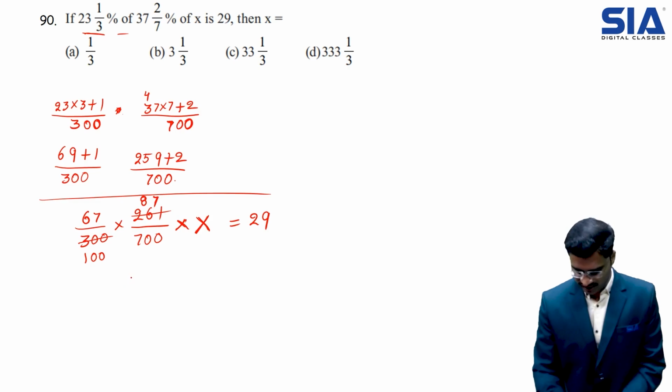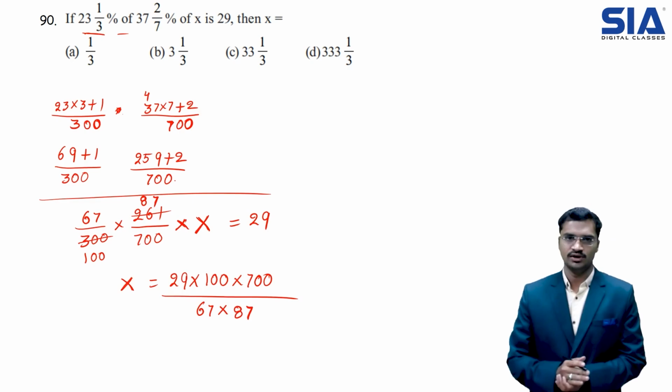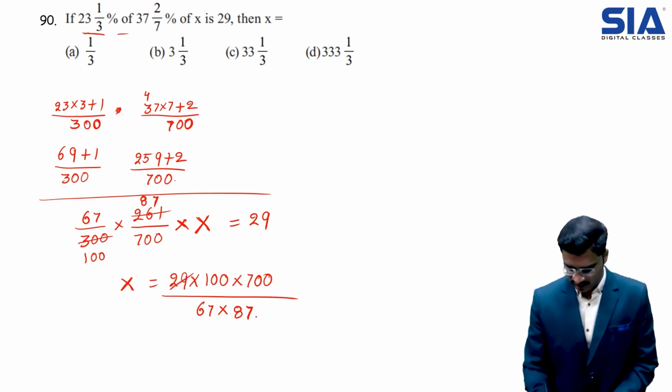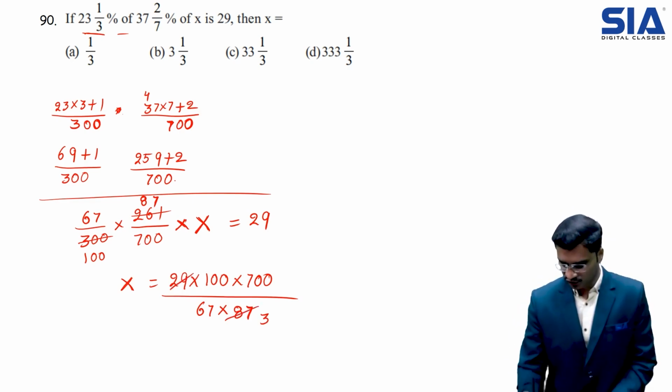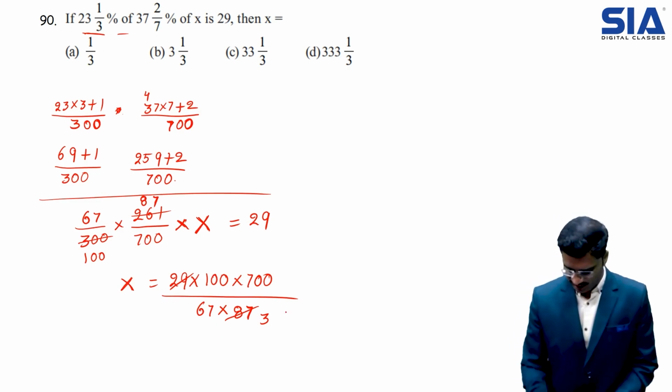So the value of x is nothing but 29 multiplied by 100 multiplied by 700 divided by 67 into 87. 67 into 87. So let us see once. 29 3s are 87. Then in the same way, let us see.